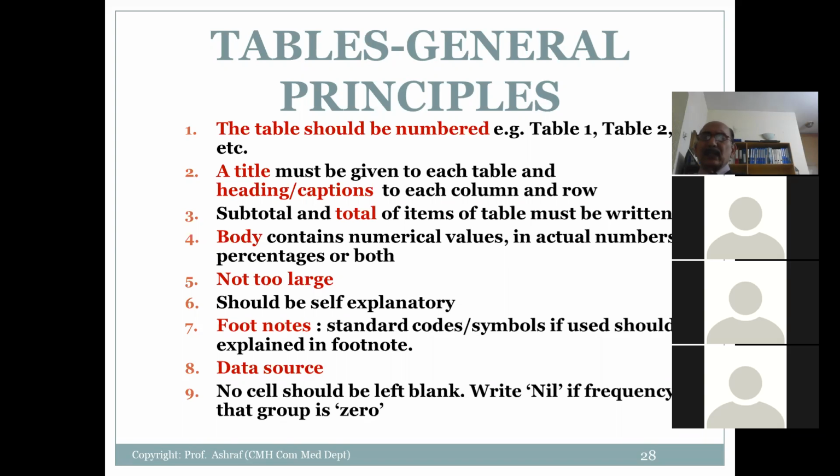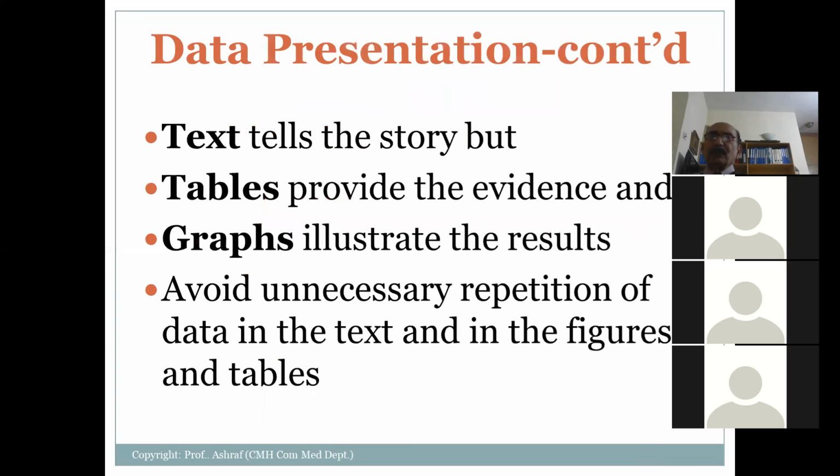That also irritates the reviewer. It should be self-explanatory, and you should give footnotes in the table; the standard code symbols which you used in the table, you should explain in the footnote. Similarly, data source. If your table is not original, you must give the source also. No cell should be left blank. Write nil if the frequency of that group is 0. So those are certain rules which you must follow.